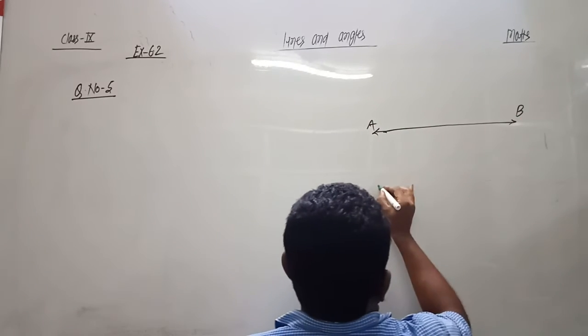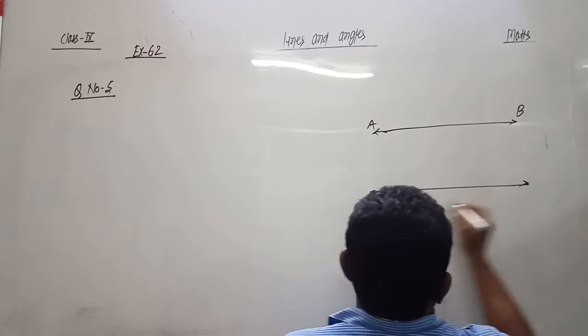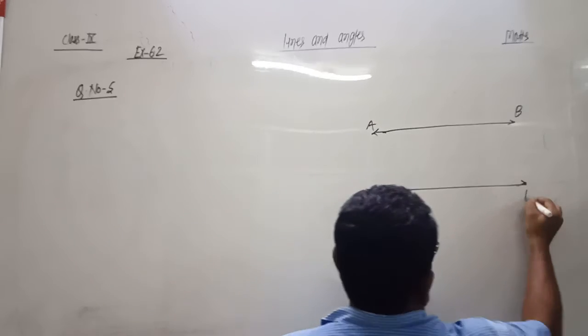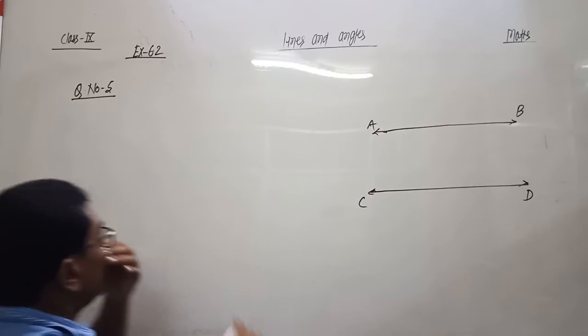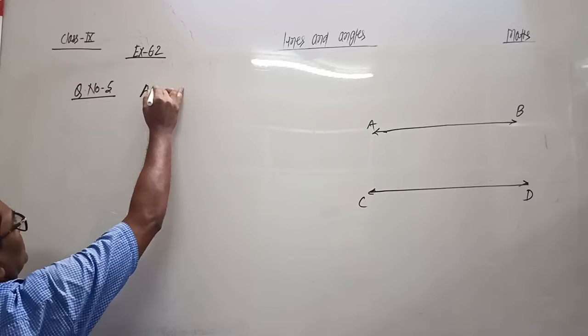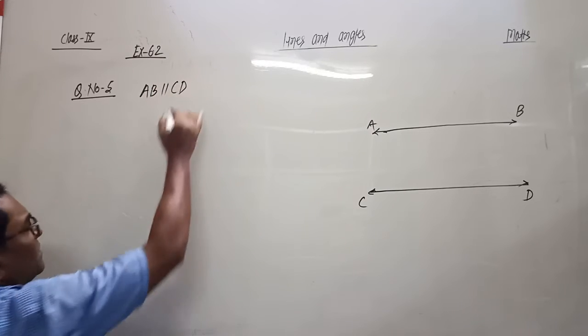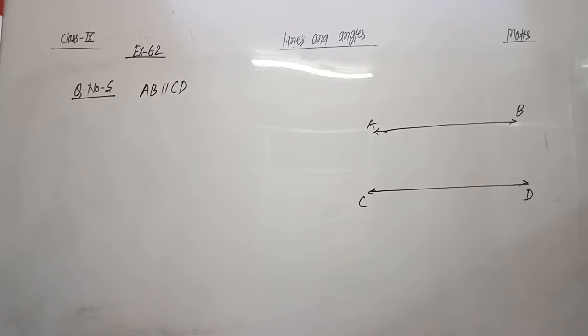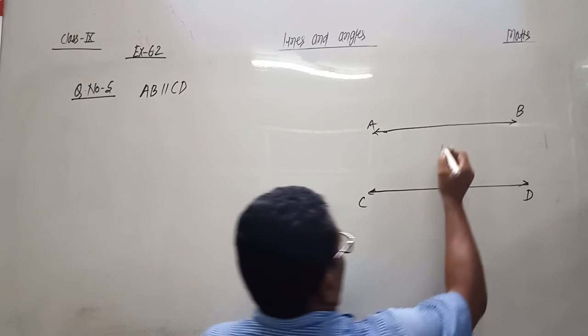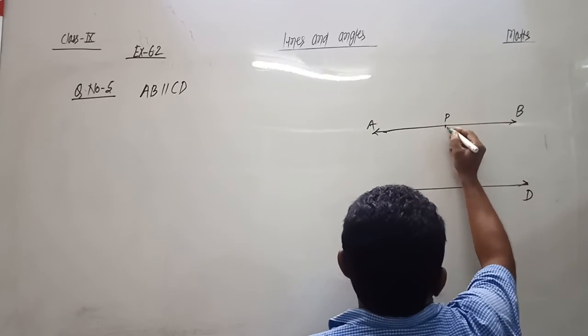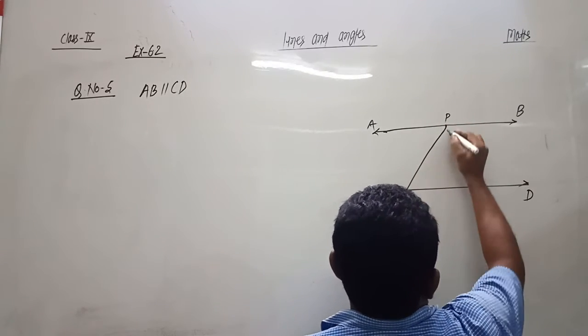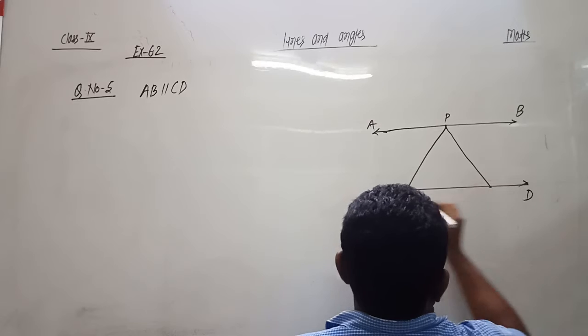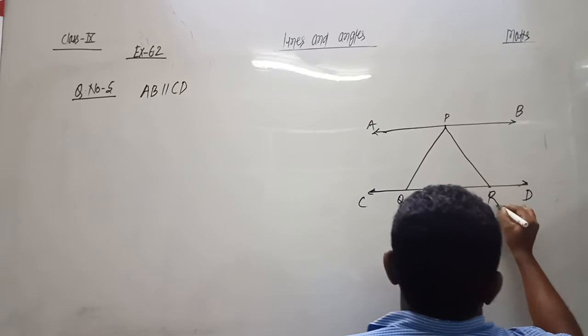AB is parallel to CD. And this is PQR. Point P, this is Q and this is R.